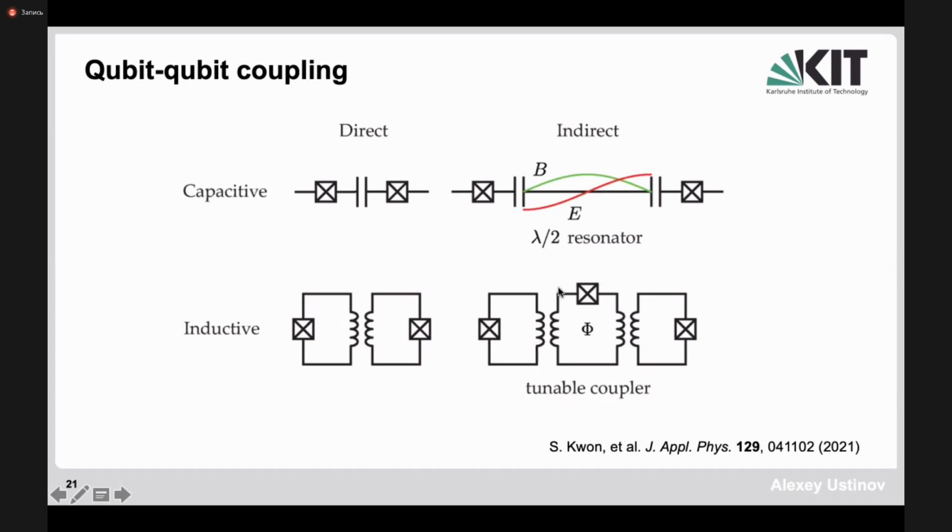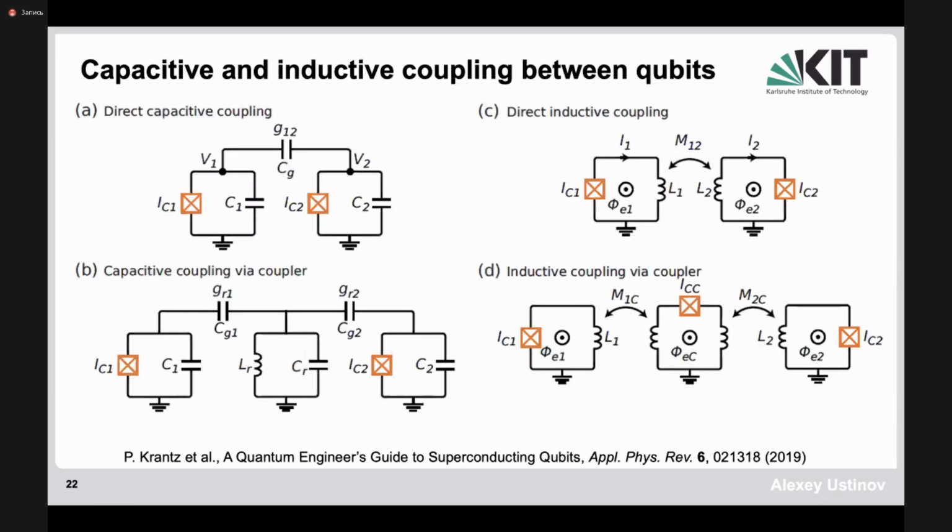For example, one can use another qubit to couple the two qubits left and right, putting the extra qubit between them. This is actually a strategy which turned out to be very productive. It is a coupling scheme used by Google in all their working quantum processors. So let's discuss briefly different versions of these couplers.